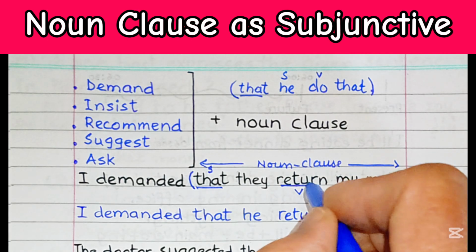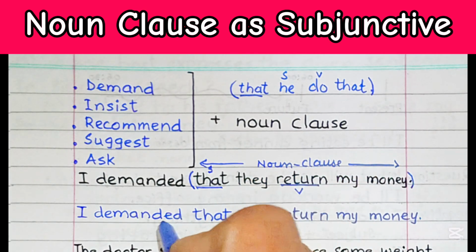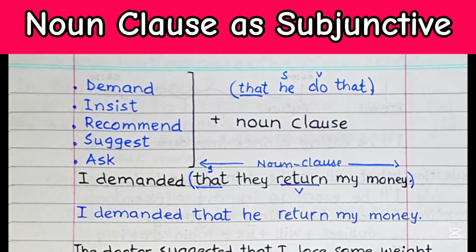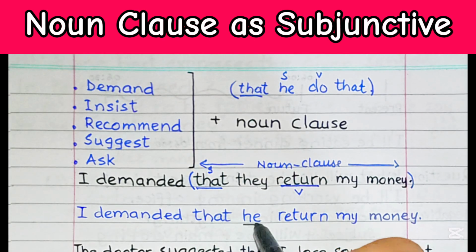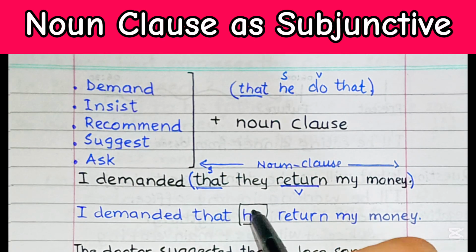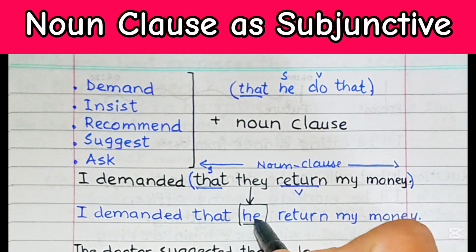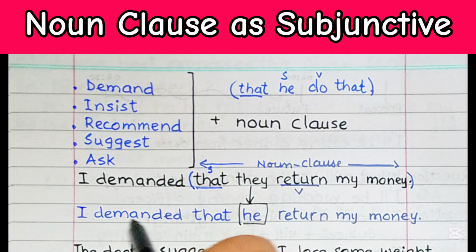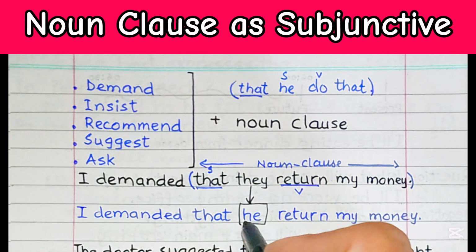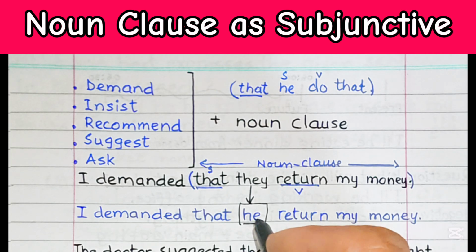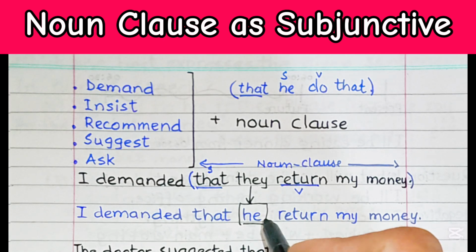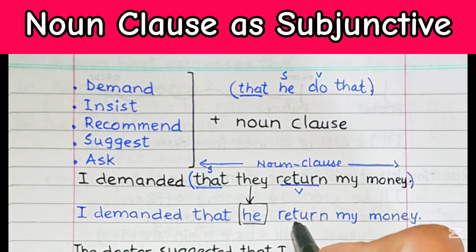If you change the subject, let's change it to he. I demanded that he. Now the subject is changed from they to he. So if we change the subject from they to he, what will happen? I demanded that he return my money.